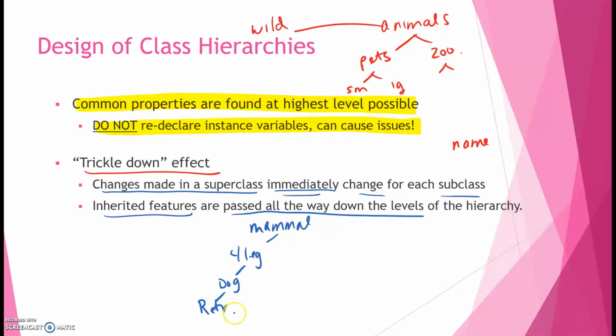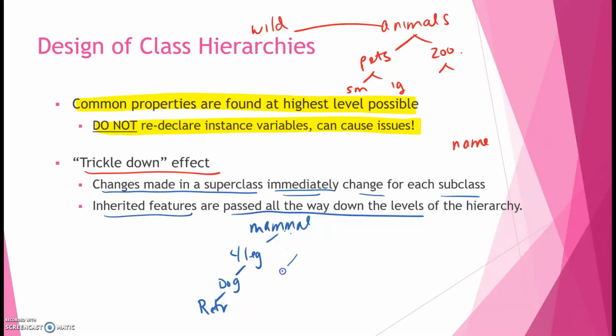If we think about a trait that is common of a mammal, for example, breathing with their lungs, then that is also true of a retriever, because a retriever is a mammal. Now, if there was a trait that a retriever had, that doesn't mean that every single one of these animals also has it, because these animals are not all retrievers.